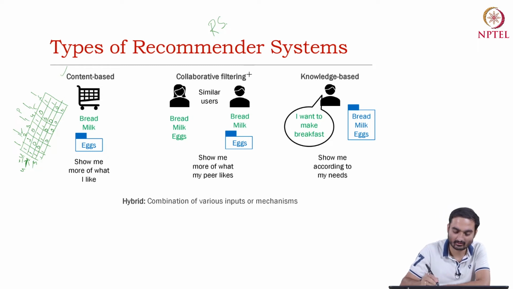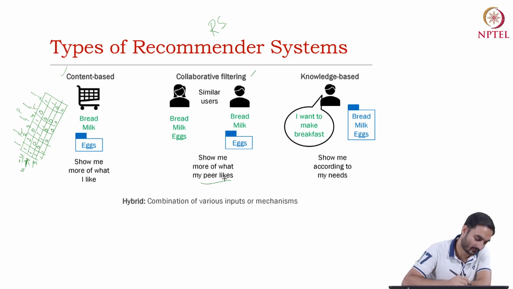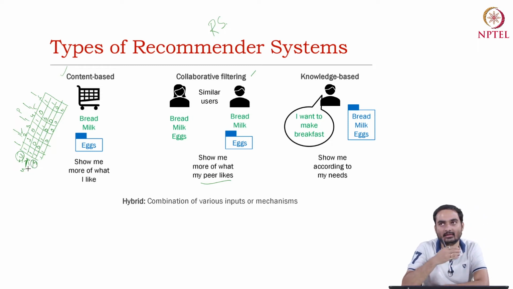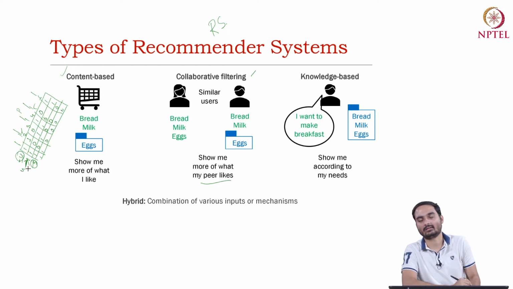Whereas, collaborative filtering is another approach. Here the philosophy is that show me more of what my peers like, what my friends like. Say for example, we already know that these two users are friends, because they have very similar purchase patterns.